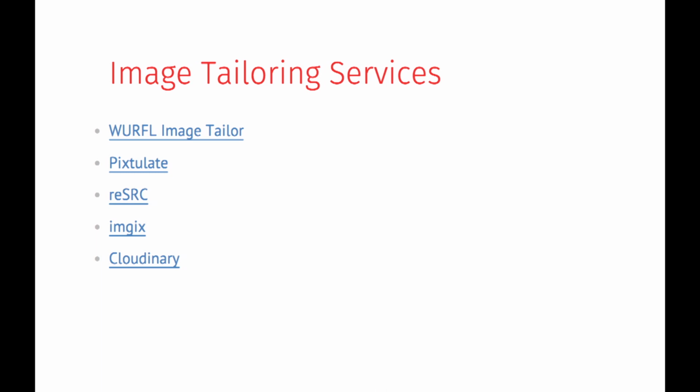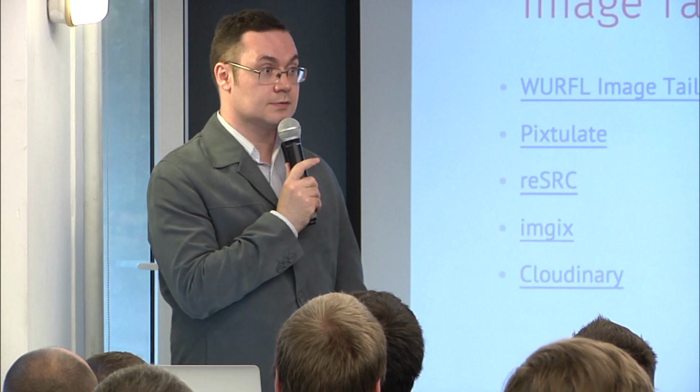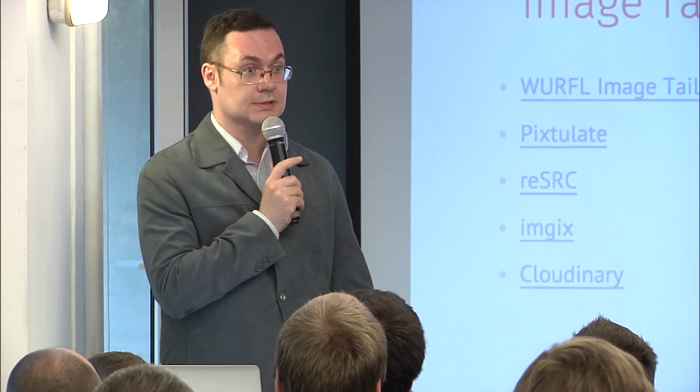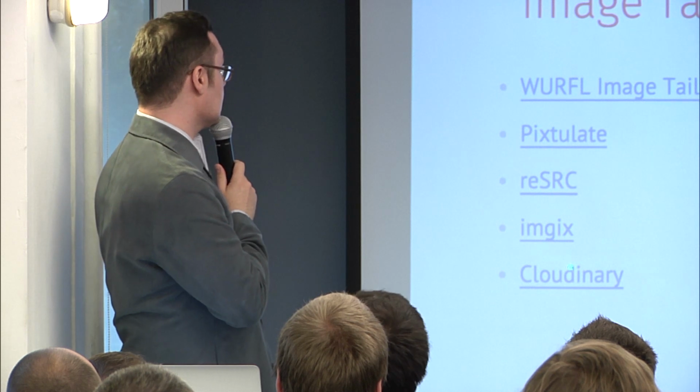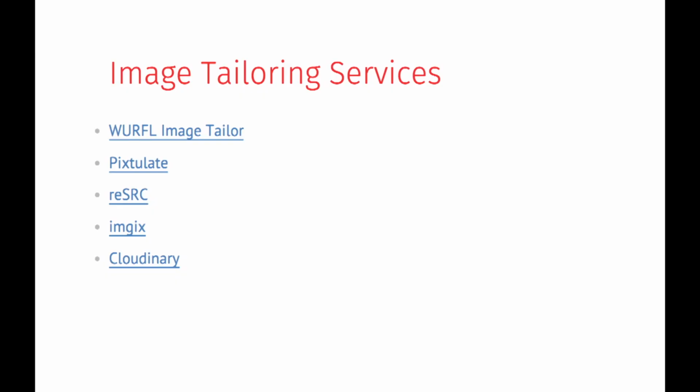I encourage you to check out all 4 of them and see what might be useful for your future or existing projects. And the last one, Cloudinary, is a bit more complex. It serves as a library for your projects.